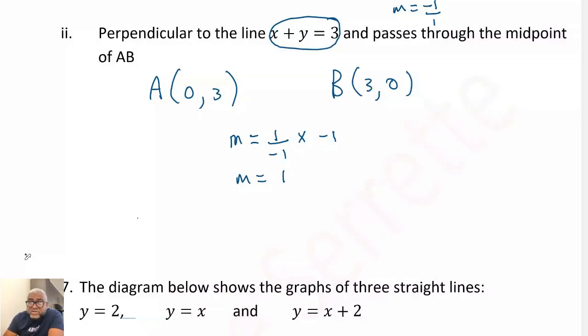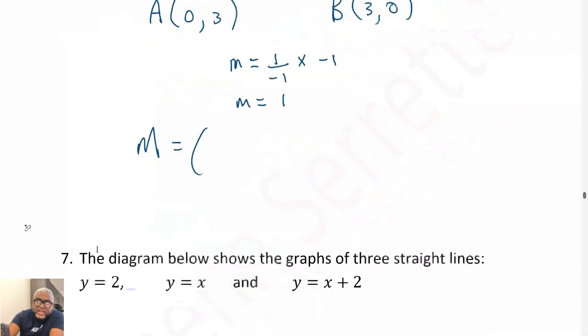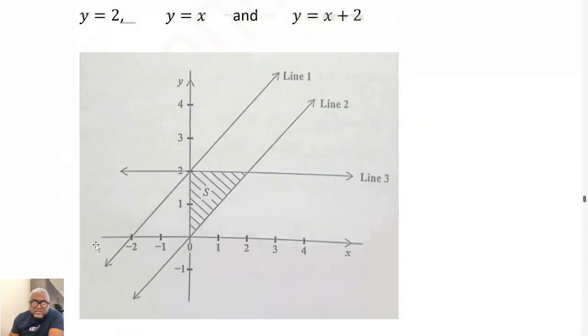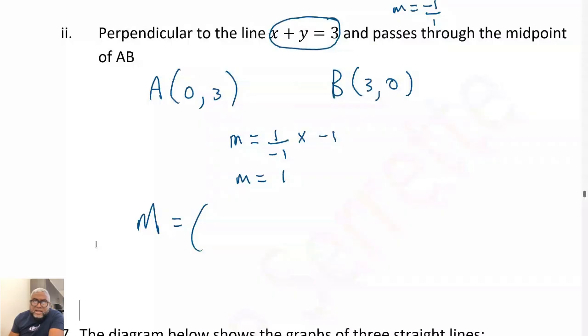But it said it passes through the midpoint. So we actually have to find the midpoint. What is the formula for the midpoint of a line here, Alex?